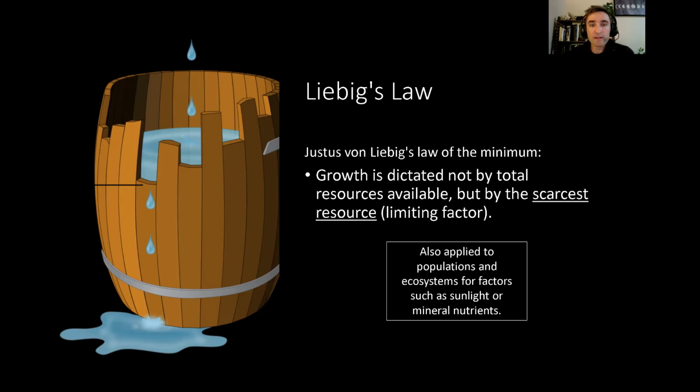Remember Liebig's Law, which is the idea that the least available element is the one that will stop growth. And so it doesn't help you to have more of something that's in abundance. The plant will grow until it hits a point at which it is missing one of the 17 essential elements.